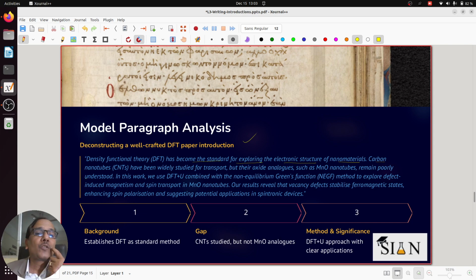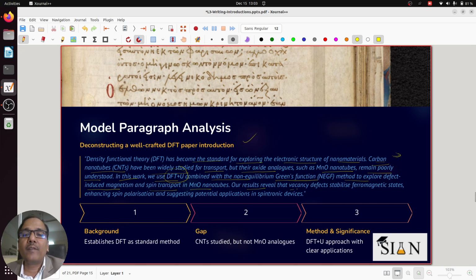So carbon nanotubes have been widely studied for transport, but the oxide analogues, such as nanotubes, remain poorly understood. We move to narrowing our statement. In this work, we use DFT plus U combined with the non-equilibrium Green function (NEGF) method to explore defect-induced magnetism and spin transport in nanotubes.